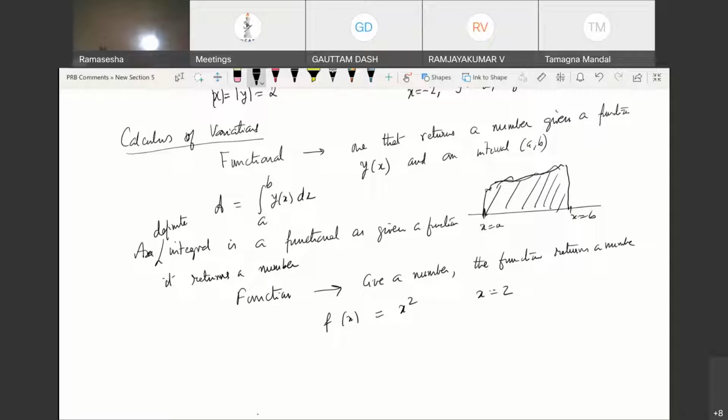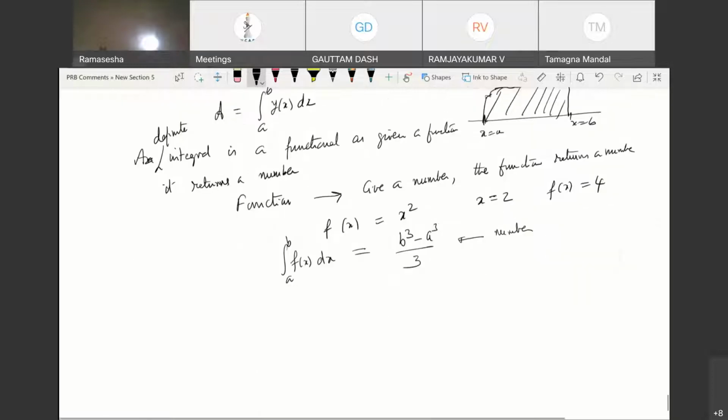So it gives a number back. Whereas a functional like integral f of x dx from a to b is going to give me b cubed minus a cubed by 3, which is actually a number. So given an entire function in the interval, it gives a number, whereas a function returns a number for every number that I give.